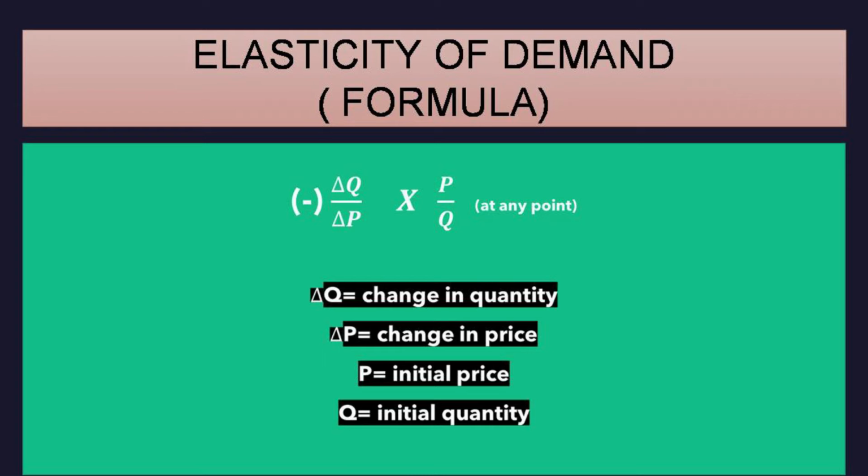The formula is delta Q, which is the change in quantity, that is how much you were demanding earlier and how much you are demanding right now, divided by delta P, that is the change from the initial price to the new price, multiplied by P divided by Q. Now what is this P and what is this Q? This P denotes the initial price and this Q denotes the initial quantity. So the elasticity of demand formula is negative delta Q divided by delta P, into P upon Q, at any point on the demand curve.